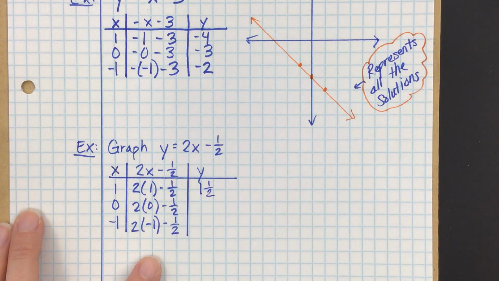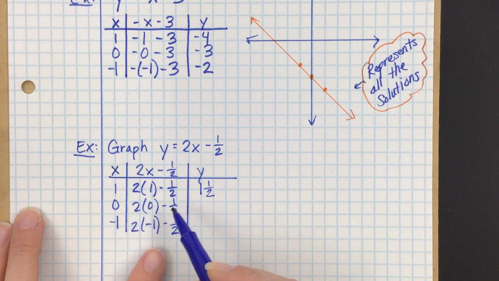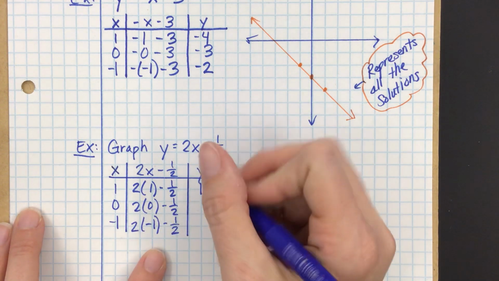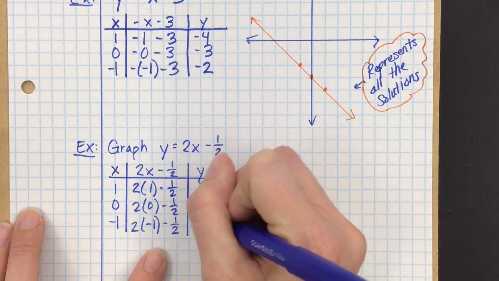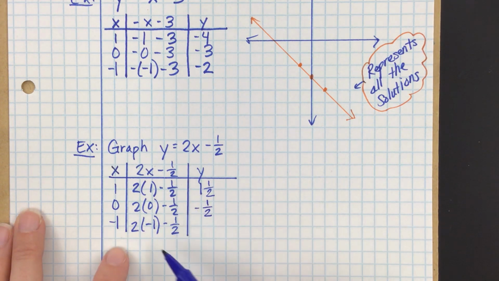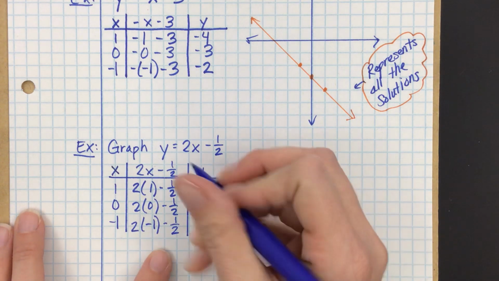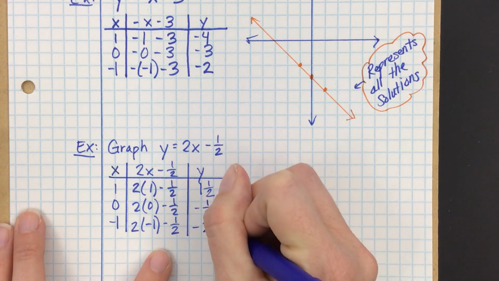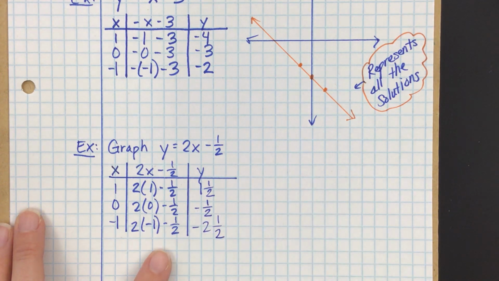Okay. This is 0. 0 minus a half is going to be -1/2. And then 2 times -1 is -2. -2 minus a half is -2 1/2.